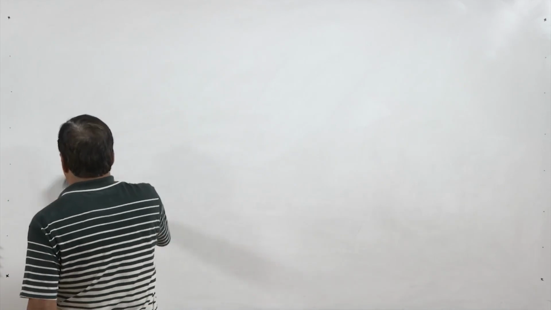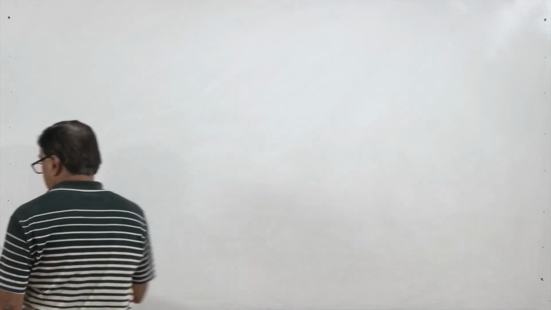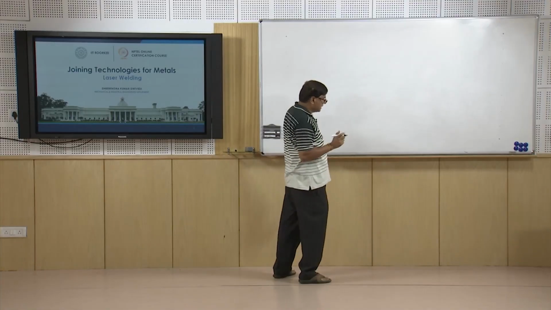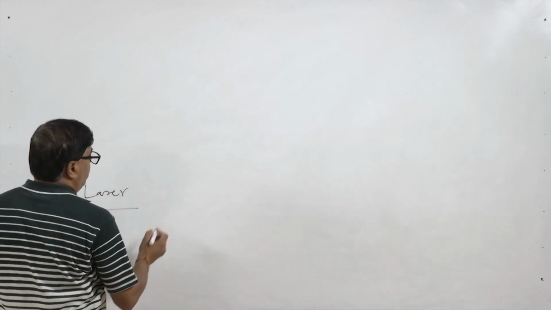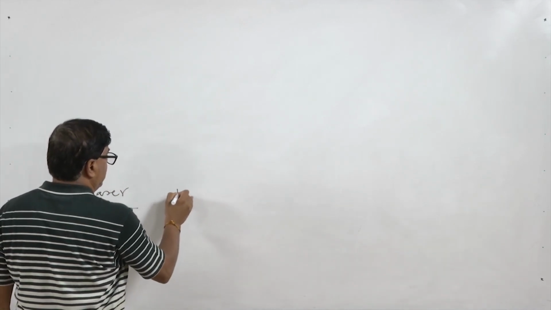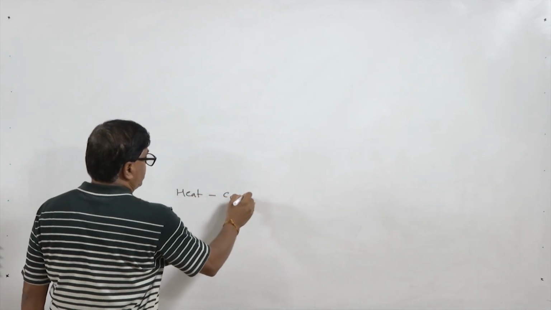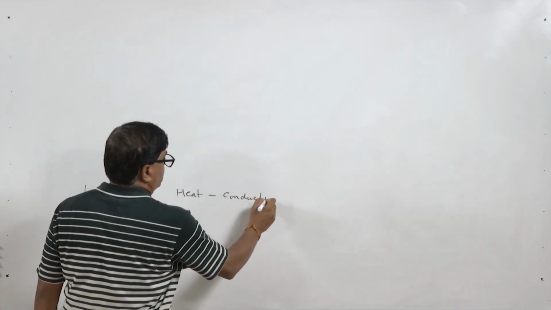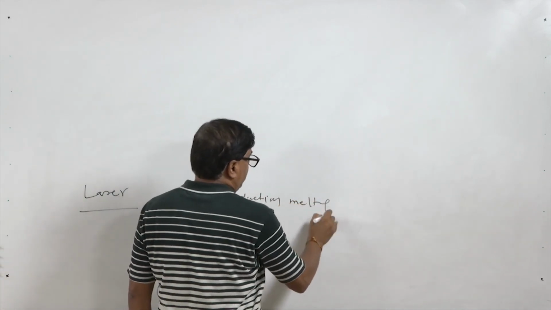Now, we will see it from the penetration or performance point of view. We know that the laser is used in two ways for welding purposes. One is that the heat applied is transported through conduction, and then melting takes place.